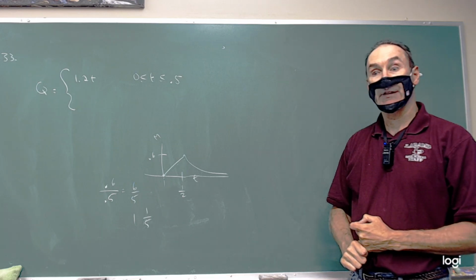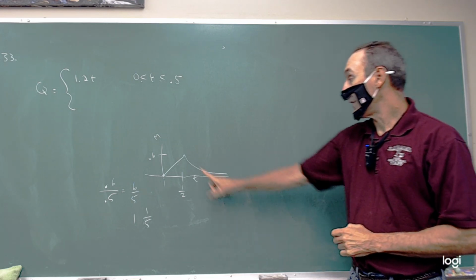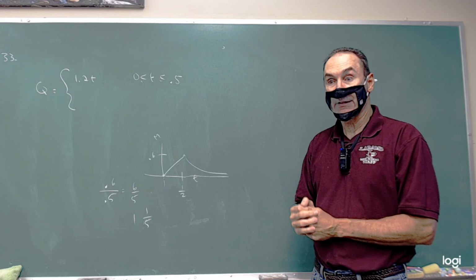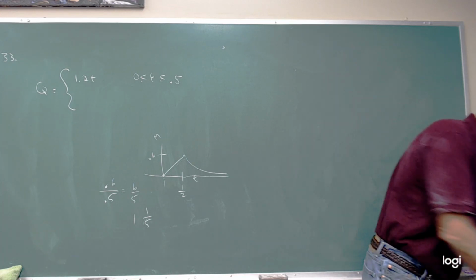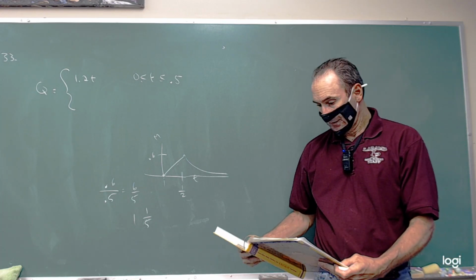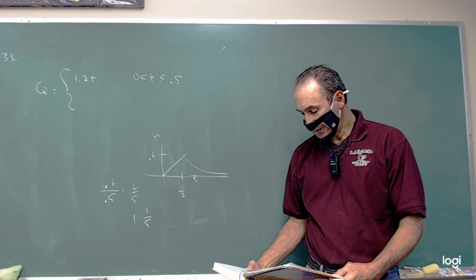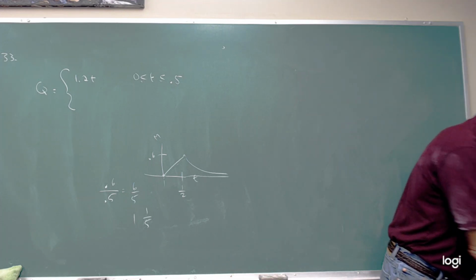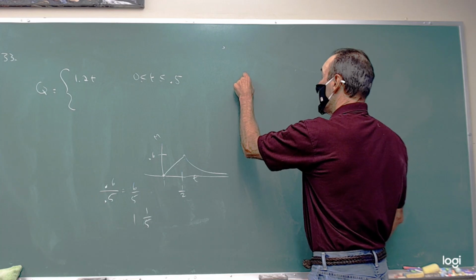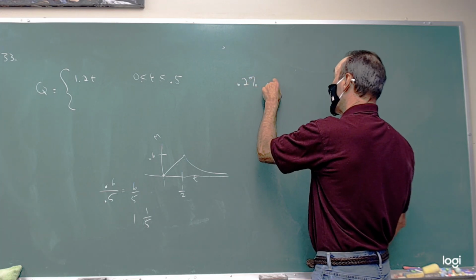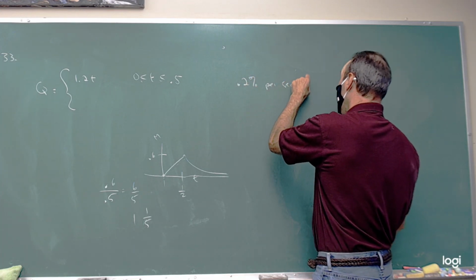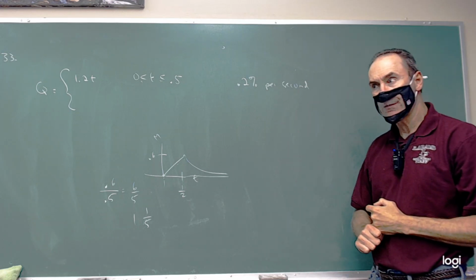Okay, so now it's going to decay. And we want it to be continuous, so these have to connect. We said it is decreasing by, what did they tell us? By 0.2% per second, and this is continuously.